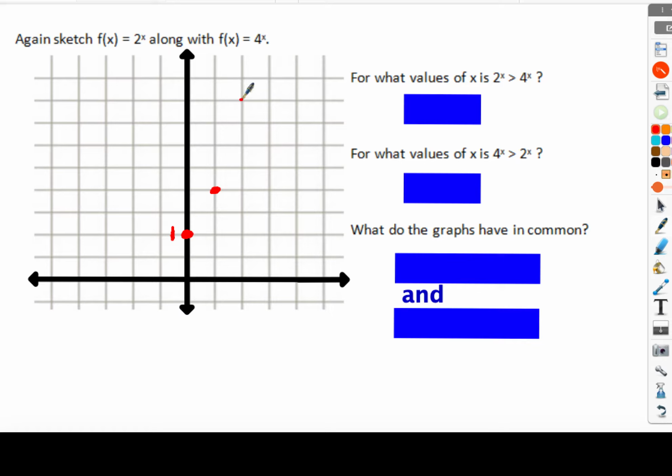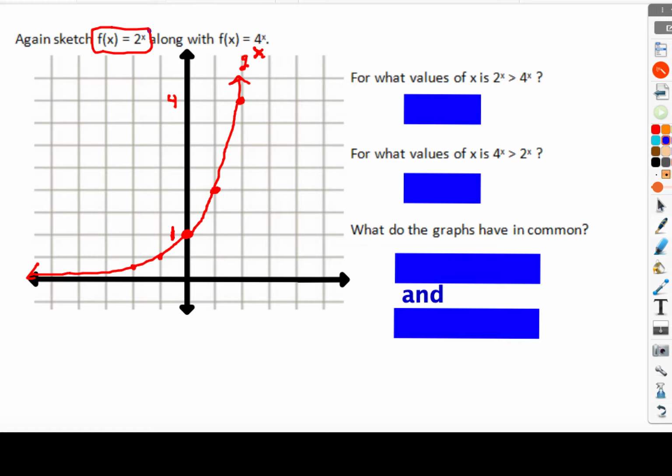So again, there's 3 and there's 4 up there. And again, we were at a half, we were at a quarter, going to this side. Let's go ahead and label that 2 to the x. That's going to be in red there on our graph.